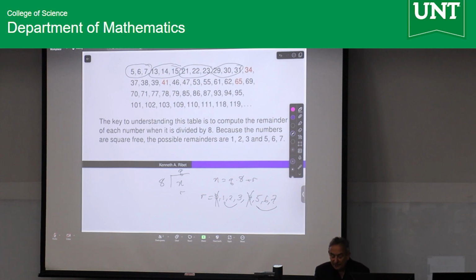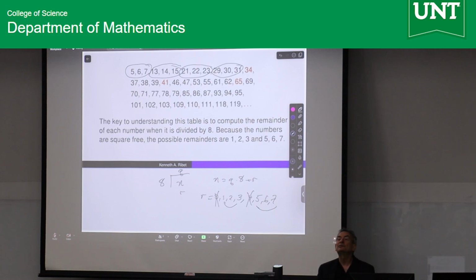And 41 has remainder 1. 65 also has remainder 1. On this table, the remainder 3 doesn't occur, but okay, that's possible. The table's not very big, but it's very disturbing if you study something and you think you've understood the pattern, and then you discover some sporadic phenomenon. So that's really kind of what's going on.